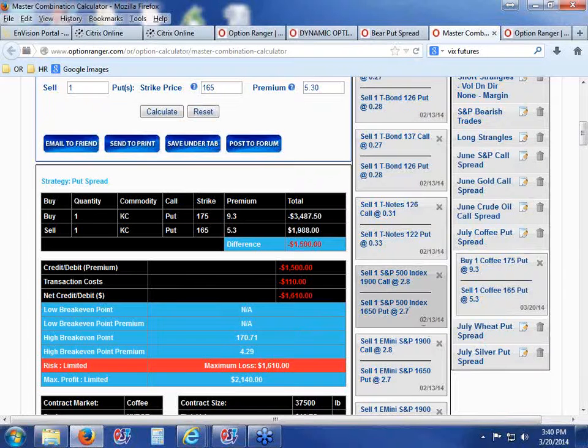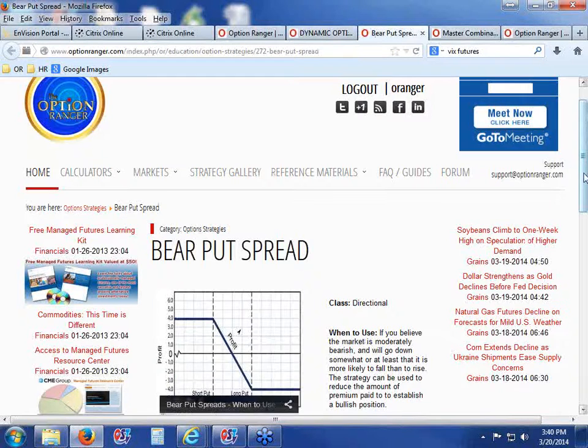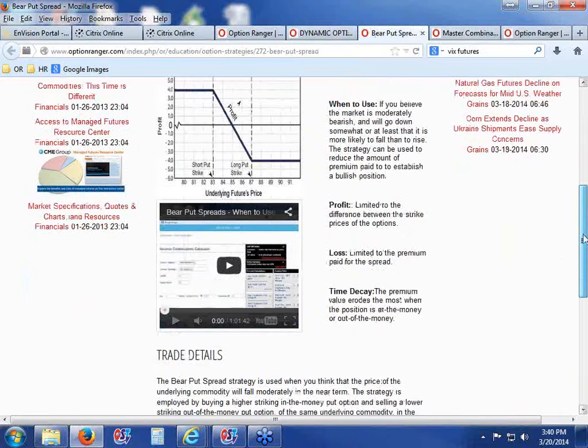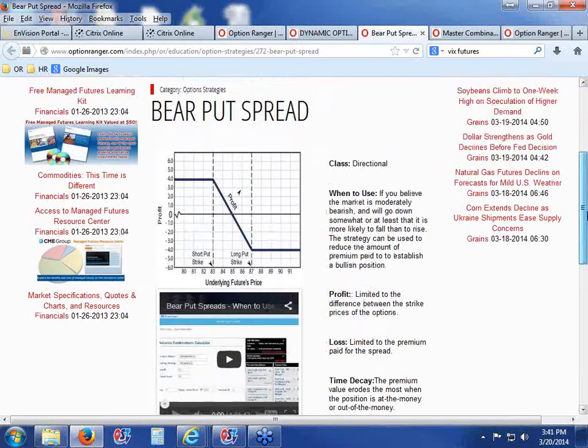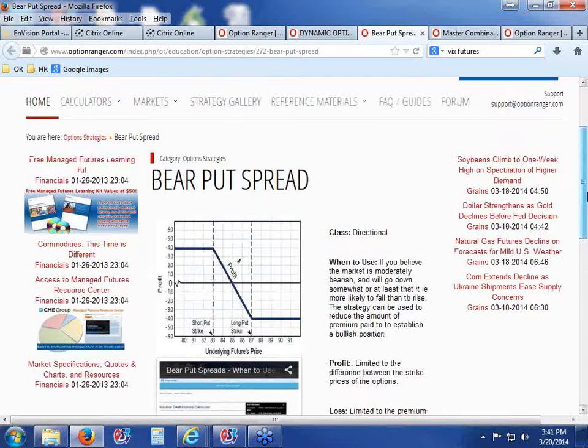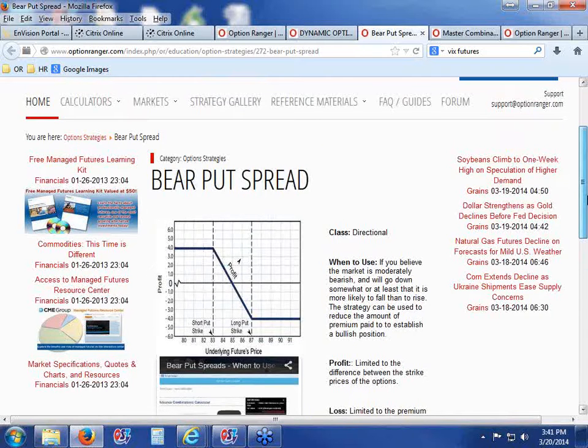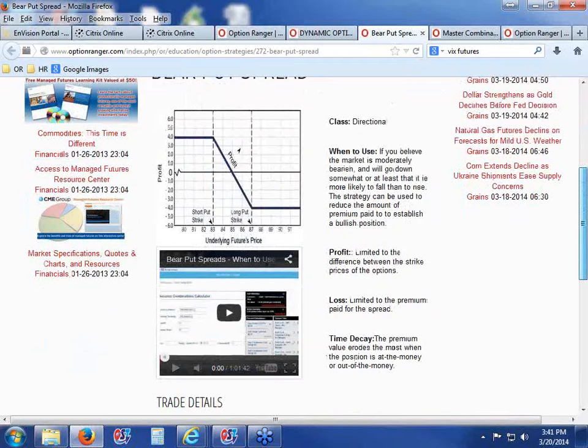So that the maximum risk, as indicated before, when we looked at the particulars of the bear put spread, is again that the risk is limited to the premium and fees paid for the spread. And this trade does suffer from time decay, so if there isn't a move in the direction, in a bearish market, that is large enough to get into the range, then time erosion will be harmful to this trade.